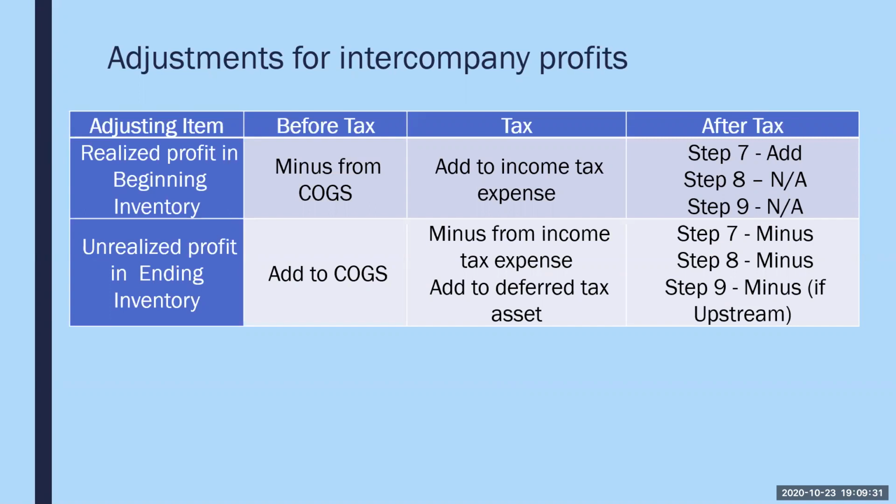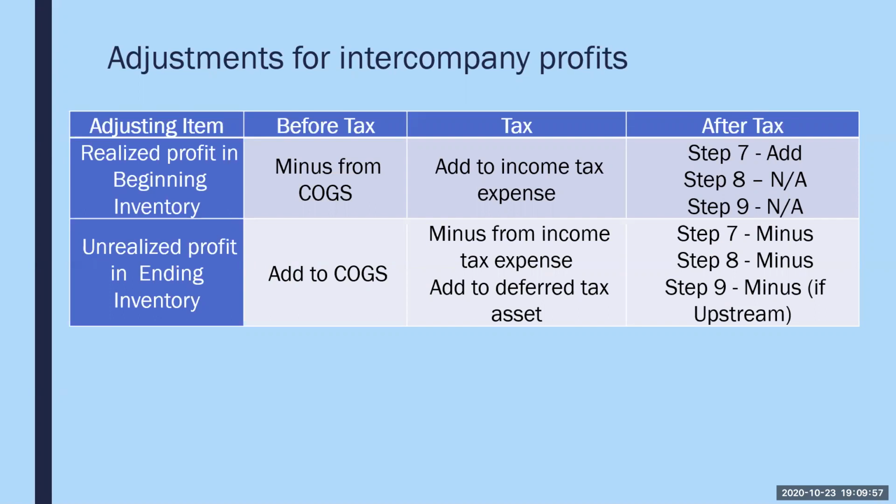So because the tax has already been paid to Canada Revenue Agency, and it's just for purposes of consolidation that we are making this adjustment, because the income tax amount has been paid, we add the tax amount to a deferred tax asset on the consolidated balance sheet, right?